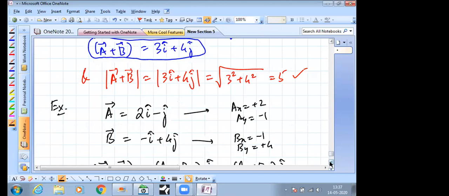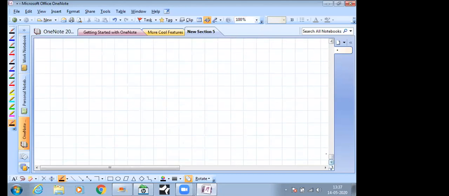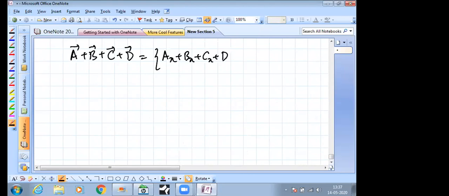Okay, so hope this is clear. Now likewise, if I am doing addition of more than two vectors, like suppose I have A plus B plus C plus D, another two vectors are there. So just by doing the repeated application of this, it will just become Ax plus Bx plus Cx plus Dx, as simple as that.